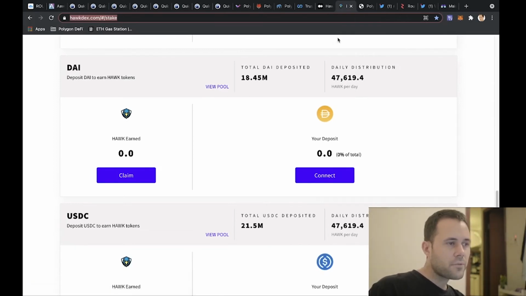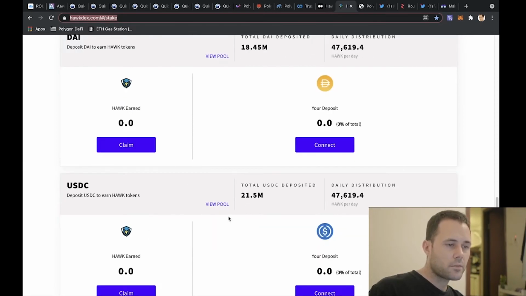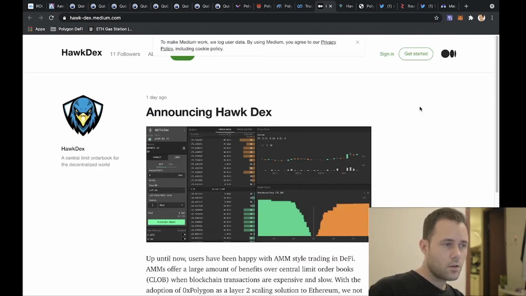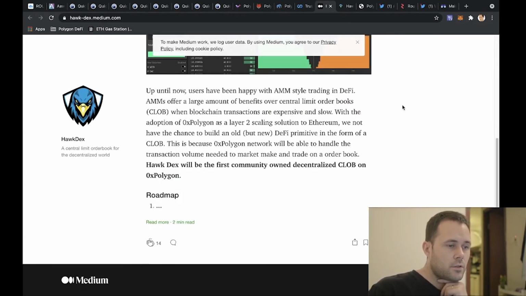You have to check on VFAT tools for the APR, but I think it's decent. I don't know why they don't display the APR here. So, sounds like a really interesting project. They're creating a different kind of decentralized exchange.